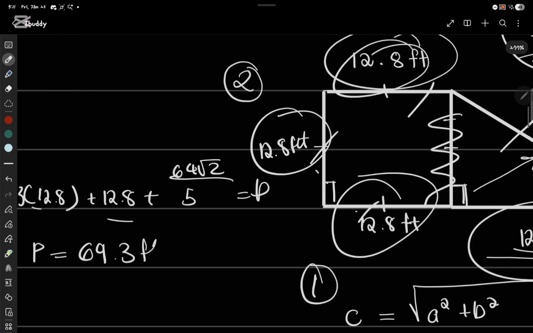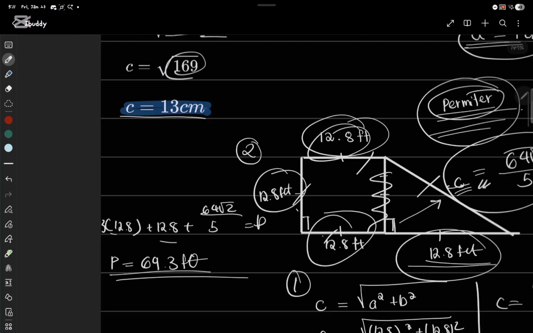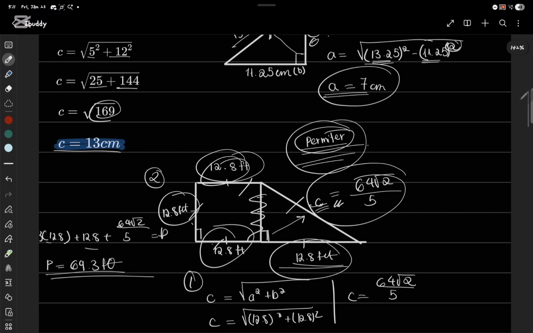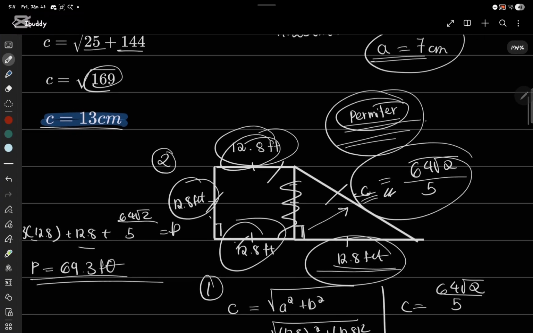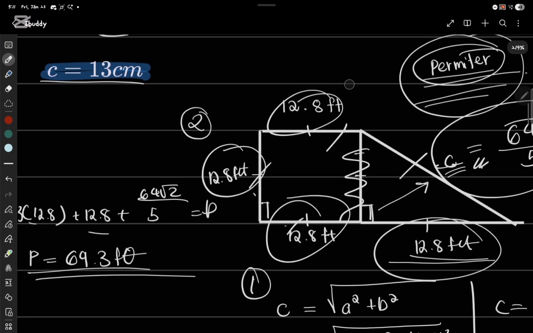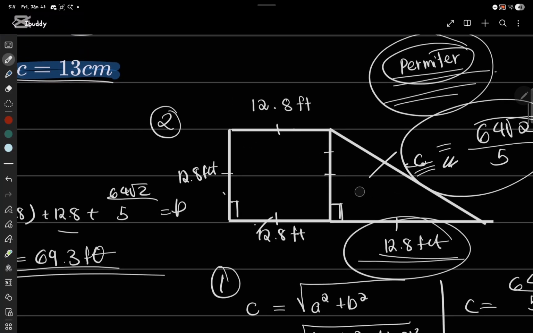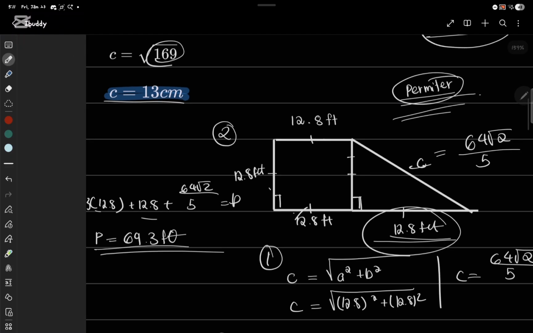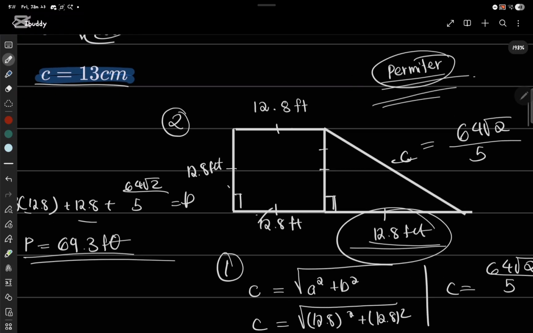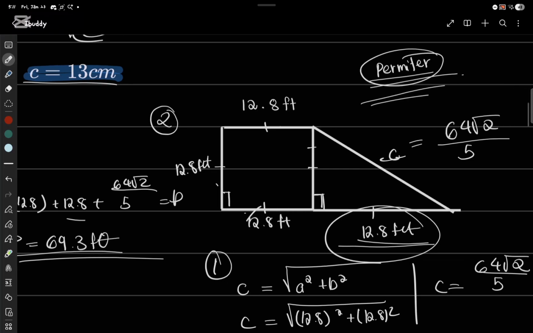Yeah, so that is our perimeter for this composite shape. It's kind of messy, so I would just erase some stuff here so you guys can see more clearly what the original composite shape looks like. All right, yeah, so this is what the original thing looks like, and we got our answer as 69.3. We round it to 1 decimal place.